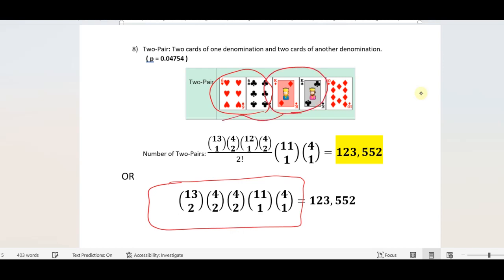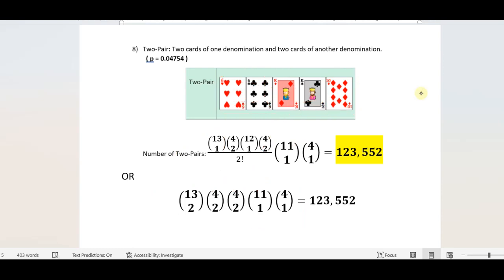So these particular pairs, that's there. Within each of these, there are 4 choose 2 ways to select each of them. And then 11 remaining denominations. 4 choose 1 is how many ways you can choose your 10, for example. It could be the 10 of spades, diamonds, hearts, or clubs. And there you have this one.